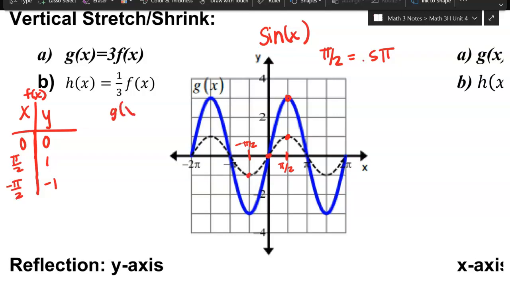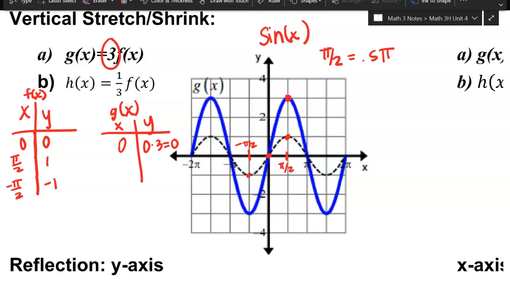For g of x, we are multiplying our y values by 3 because it's a vertical stretch, so we're affecting our y values. So for 0, 0, 0 times 3 is still 0. So when we have that vertical stretch or shrink, it usually doesn't change the position if we don't have any other transformations added on. It will stay in the origin or that 0, 0.